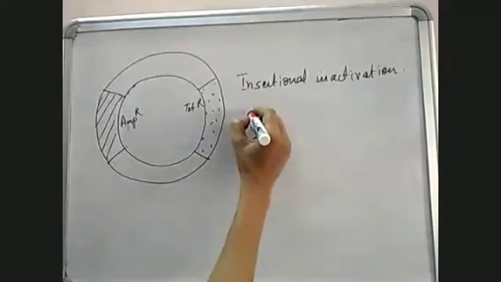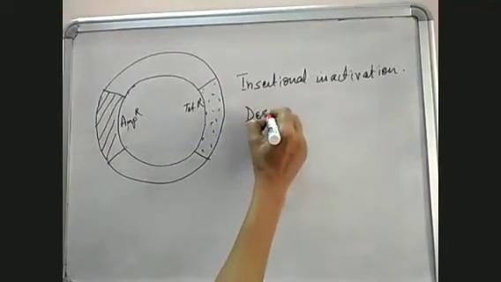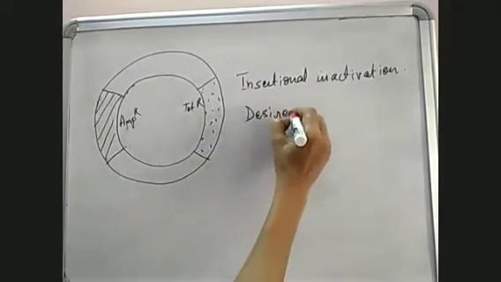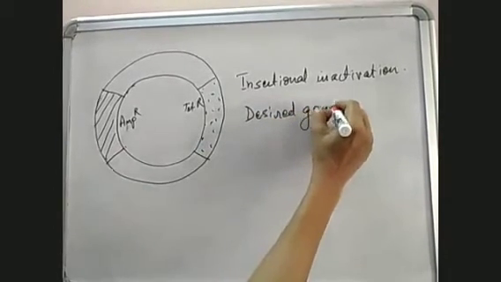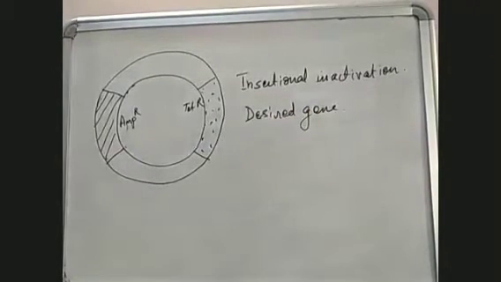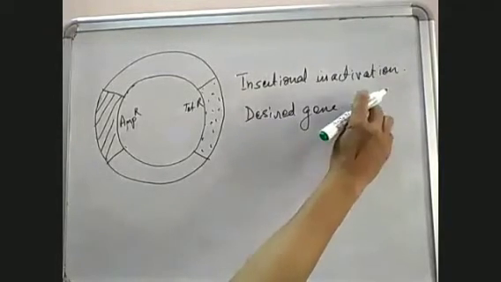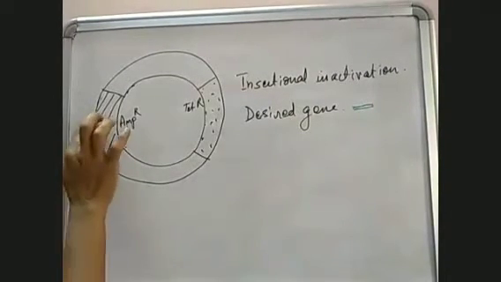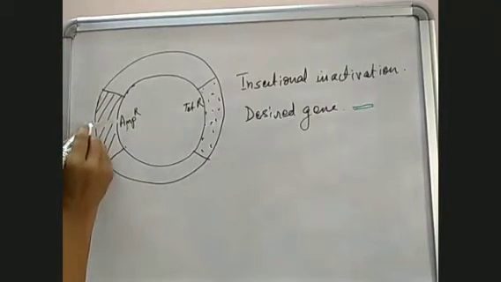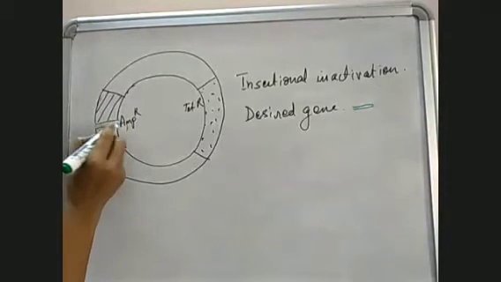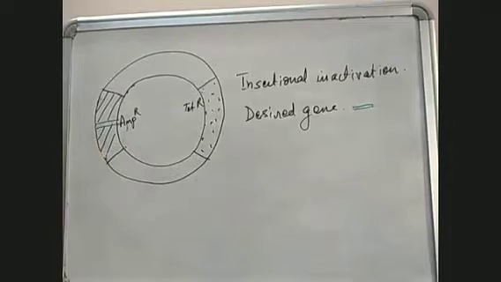Suppose we have a desired gene, and this desired gene, which I represent with the green color, if this desired gene is inserted here in the ampicillin resistance, we have inserted our gene of interest in the ampicillin resistance.